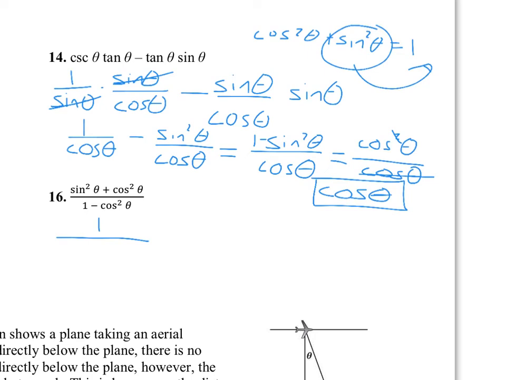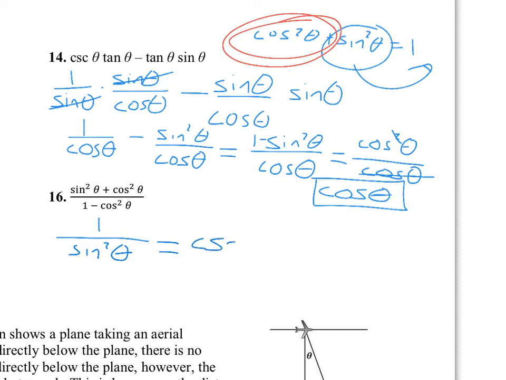If you take this and subtract that to the other side, then you have 1 minus cosine squared theta, which equals sine squared theta. So the denominator equals sine squared theta, and 1 over sine is cosecant, and since it's squared, that would be cosecant squared theta.